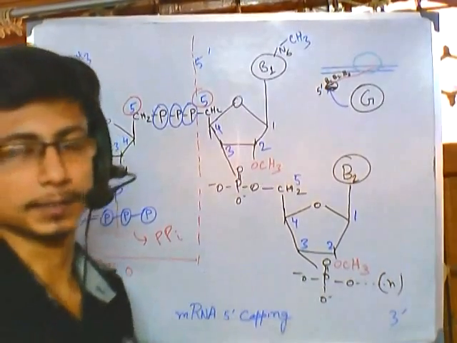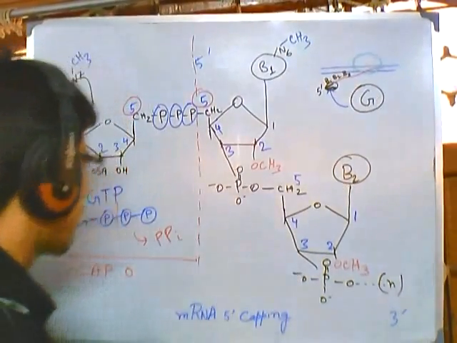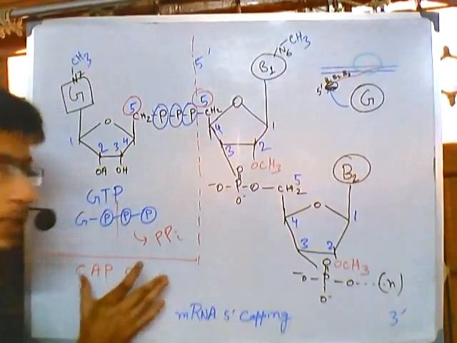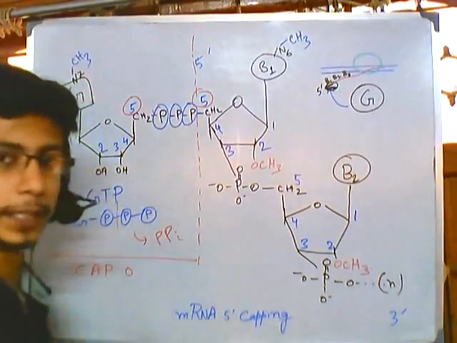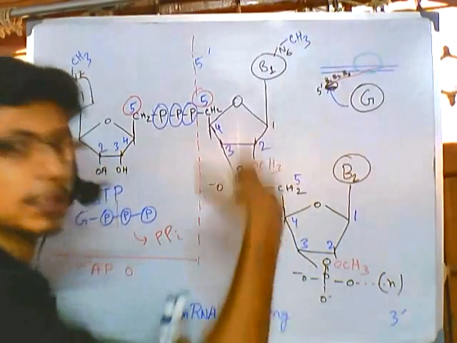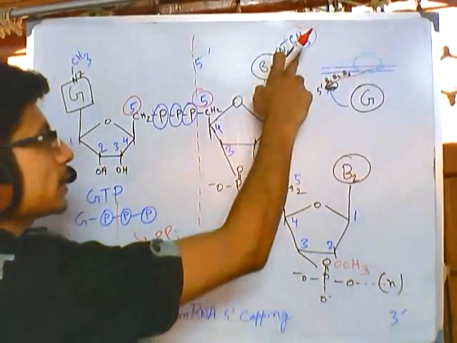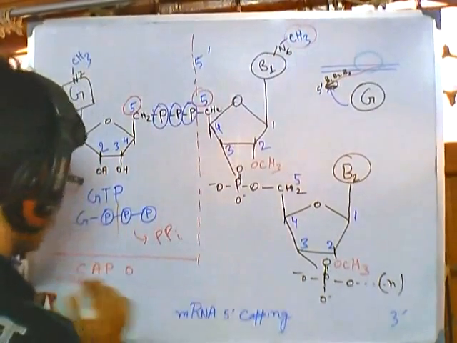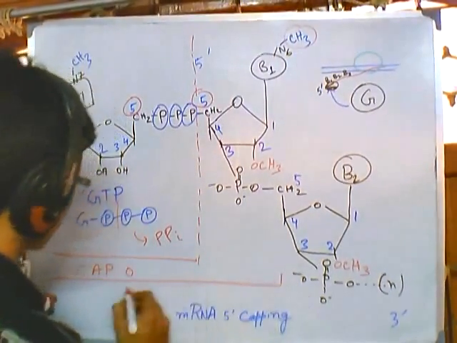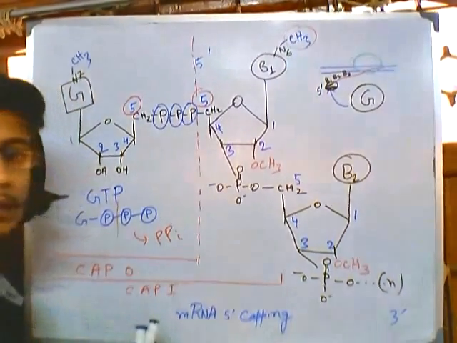If this happens, then obviously along with it the first type of modification must be there. Sometimes in some species we have the methylation at the N6 of the first base. Along with both things, we call it cap 1.